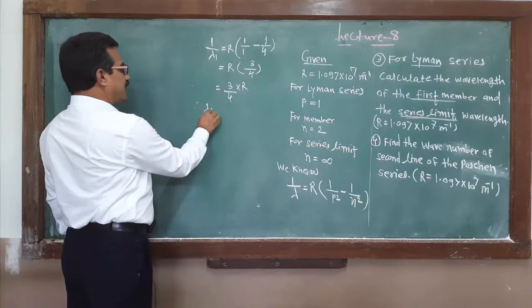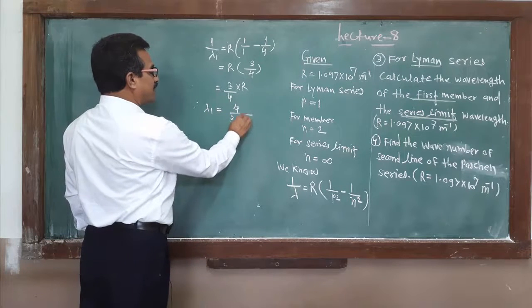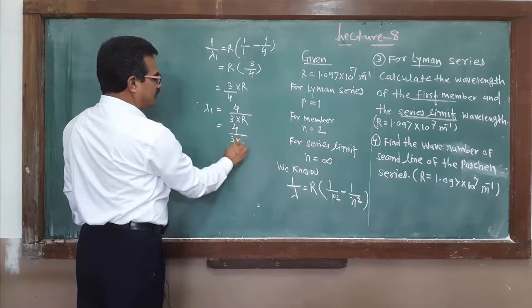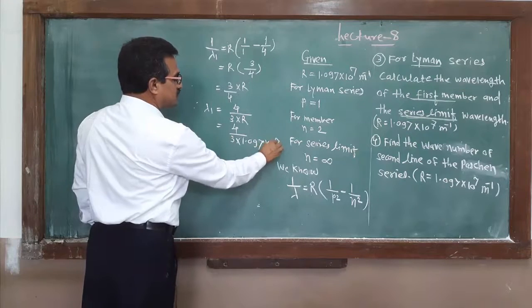Therefore, the wavelength lambda 1 is equal to 4 divided by 3 multiplied by R. That is equal to 4 divided by 1.097 into 10 raised to 7.